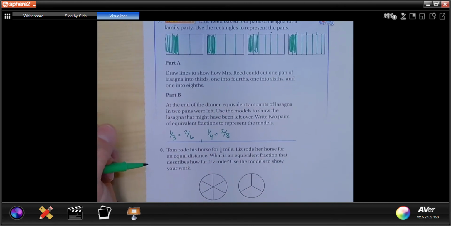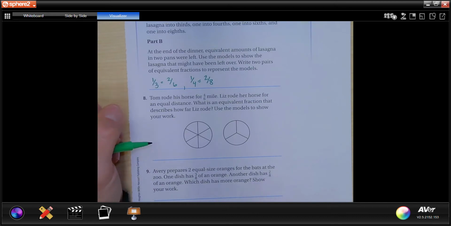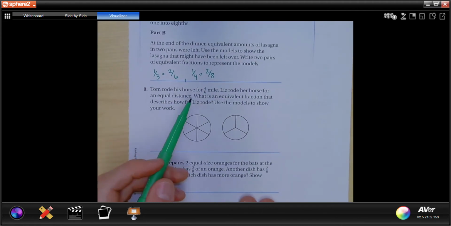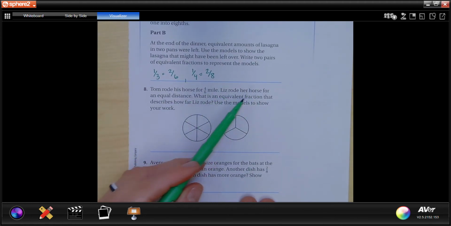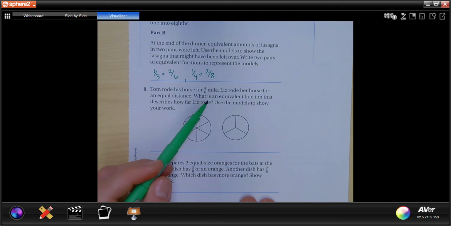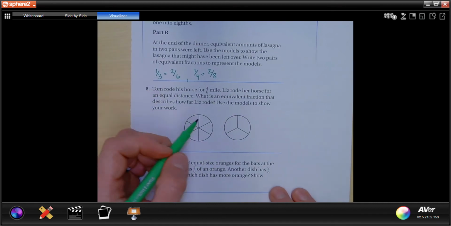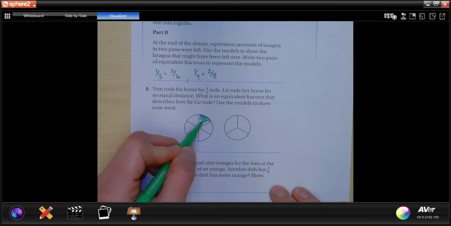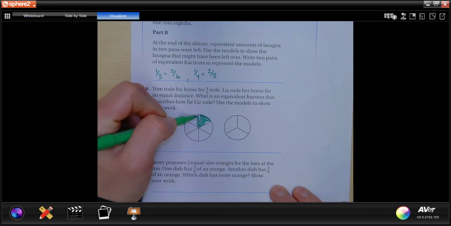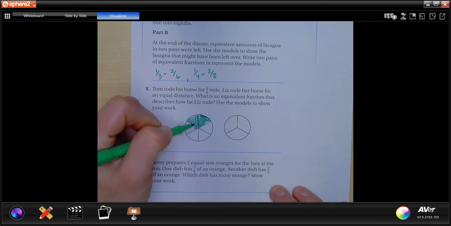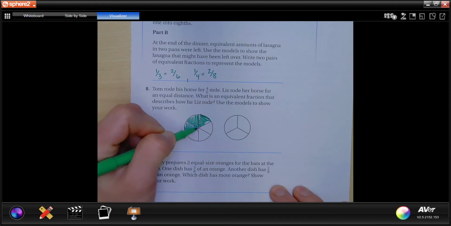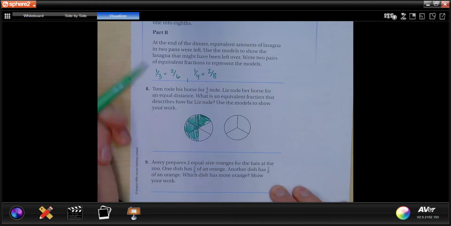Number 8. Tom rode his horse for 4/6 of a mile. Liz rode her horse for an equal distance. What is an equivalent fraction that describes how Liz rode? Use the models to show your work. Well, if Tom rode 4, so 1, 2, 3, 4, 6.